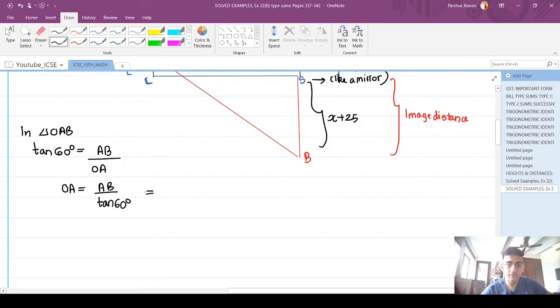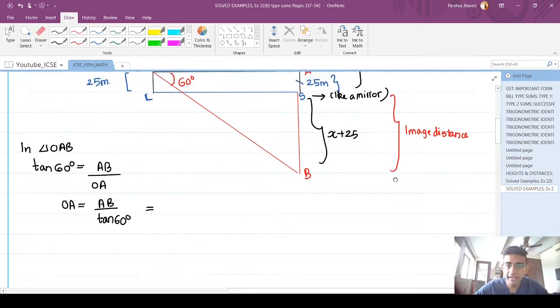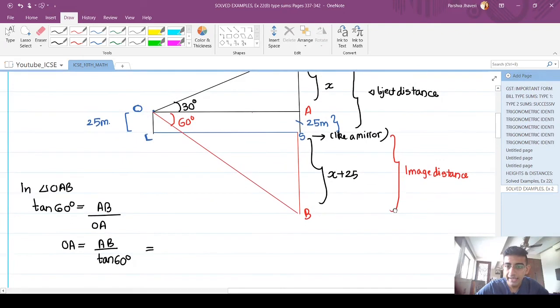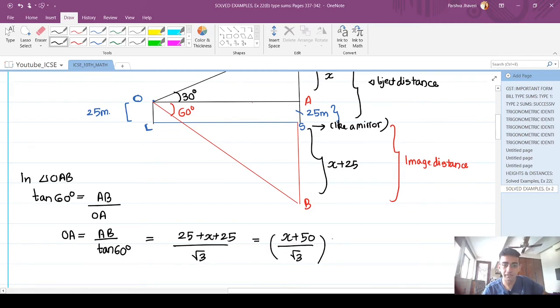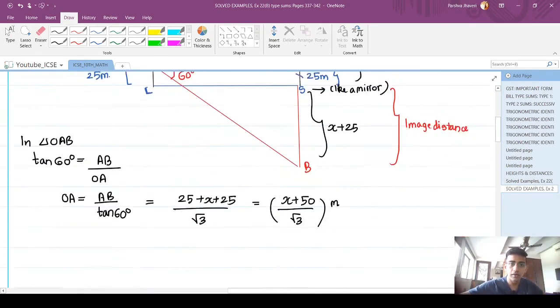Now, what is the value of AB? AB is nothing but 25 plus x plus 25. Look at the diagram. Upon tan 60, which is root 3. So we get x plus 50 upon root 3. Leave it here. It will be whatever meters. Next, let's look at the other triangle that is formed, OAC.